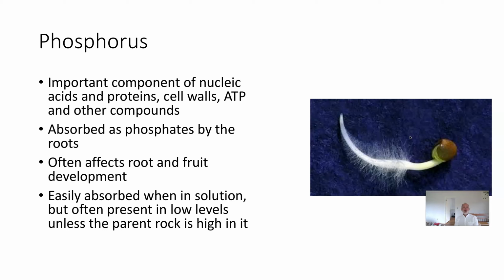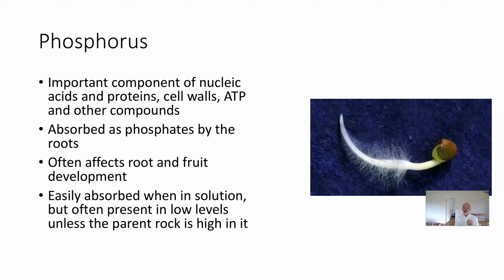Phosphorus can also be really important for fruit development in some plants. We'll talk about phosphorus more in the soil in the next lecture. Phosphorus is easily absorbed by a plant when it's in solution, so when it's dissolved as phosphates in the soil water, the soil solution, plants can get at it. But oftentimes, one of two things happens.